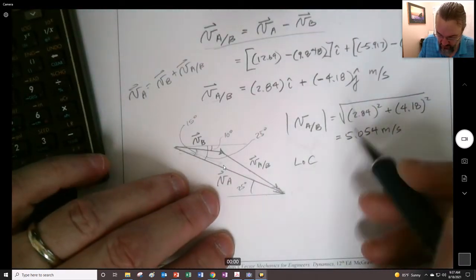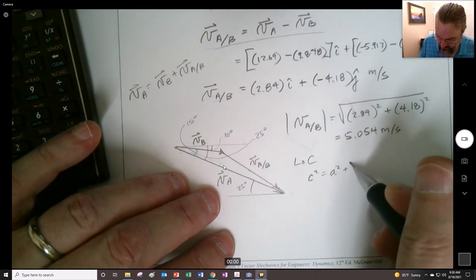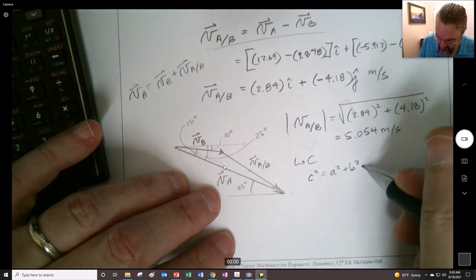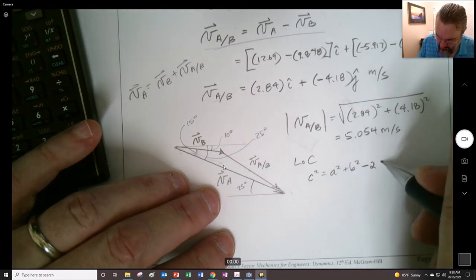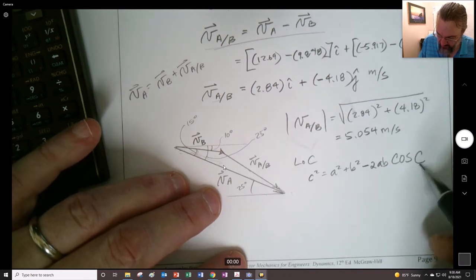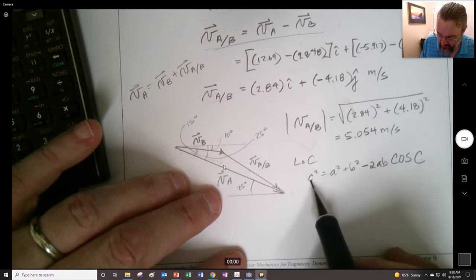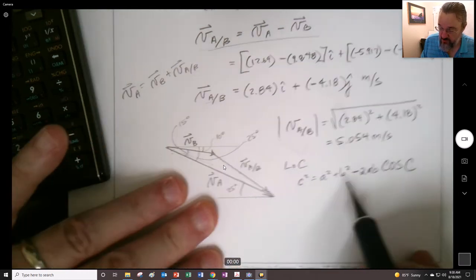But now let's instead take the law of cosines, right? So just remember the law of cosines says something to the effect that c squared is equal to a squared plus b squared minus 2ab times the cosine of capital C, where capital C is the angle that's opposite from lowercase c, right?